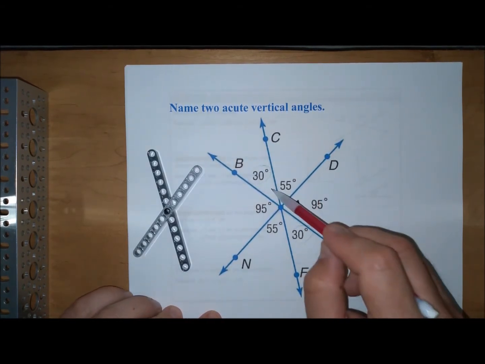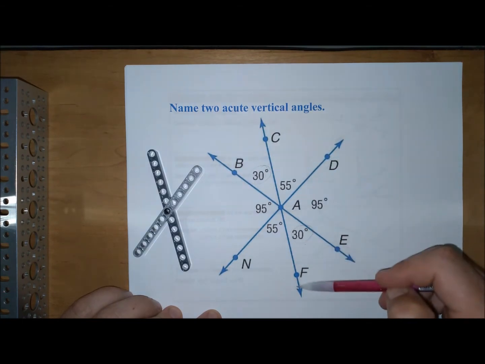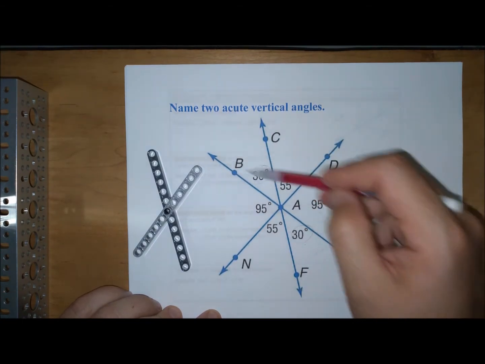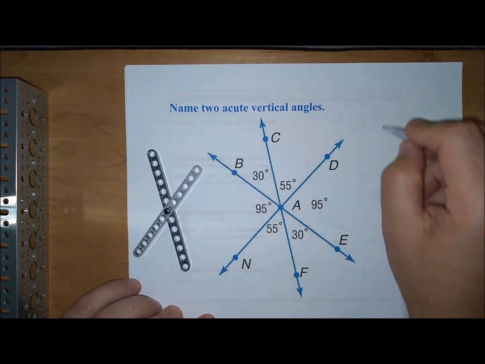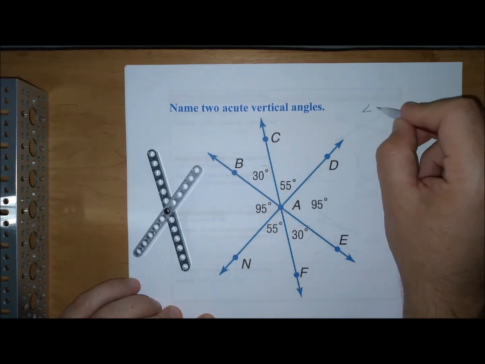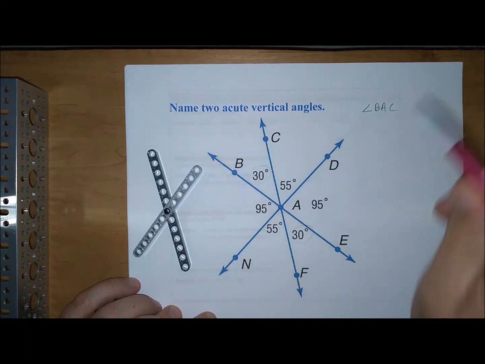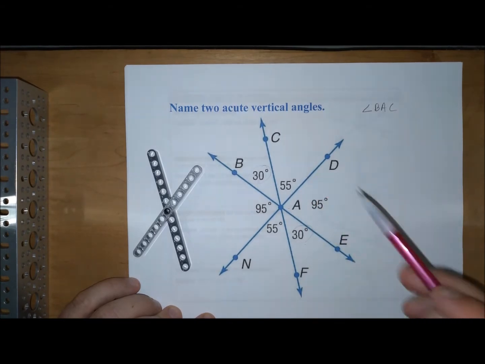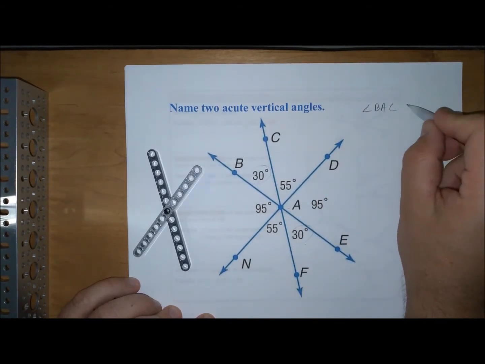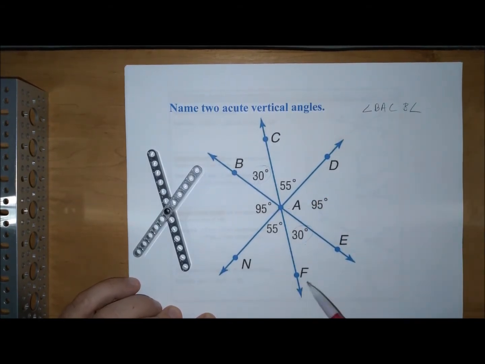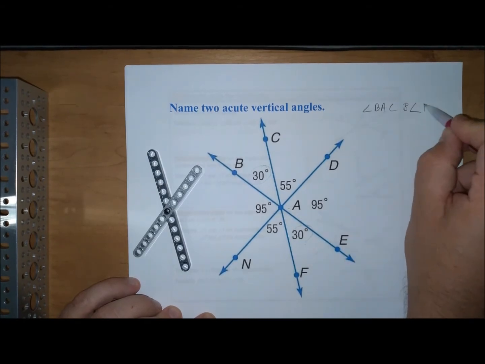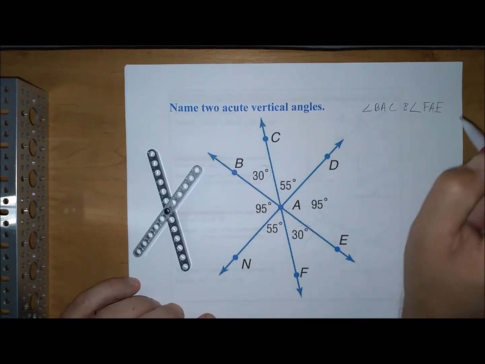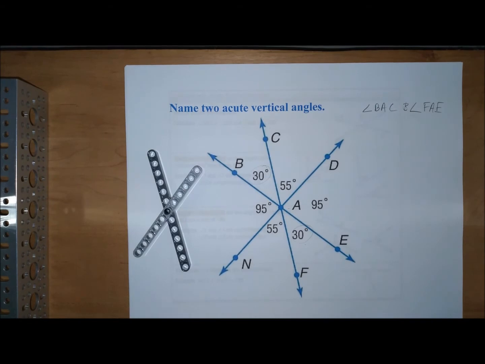So these guys are vertical angles because they're formed where CF and BE cross. So I could say angle BAC, that's this angle, BAC, and angle FAE.